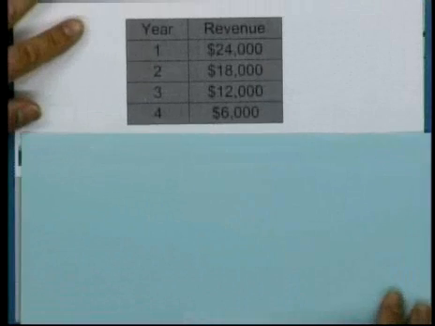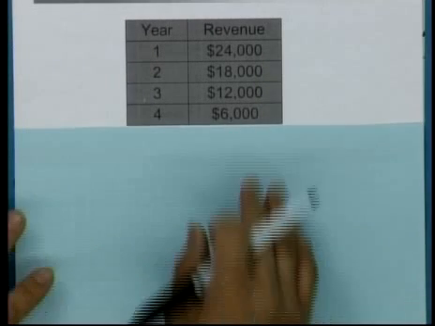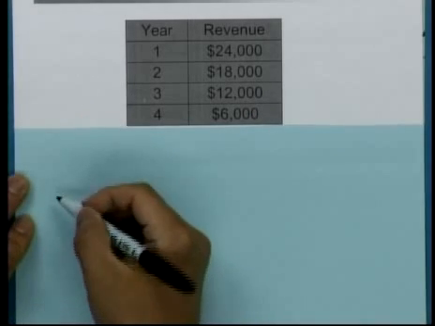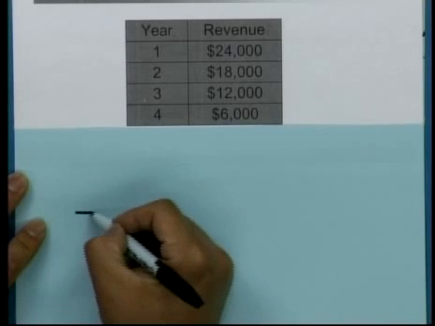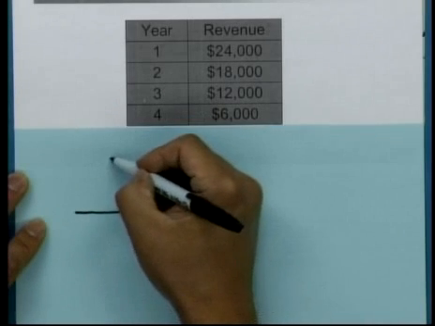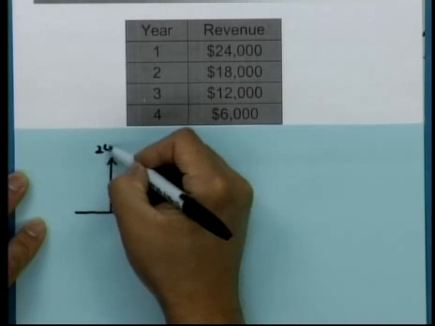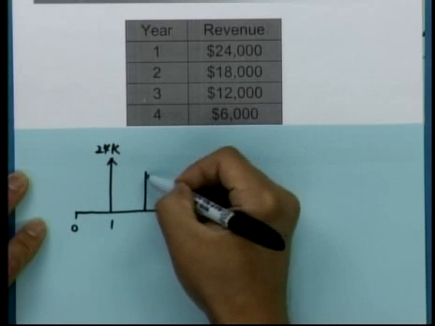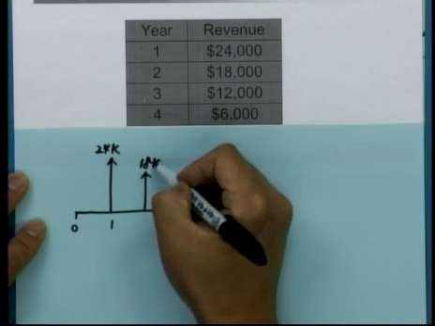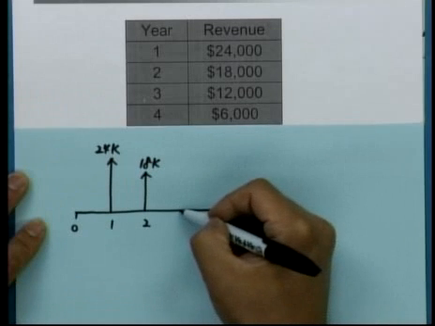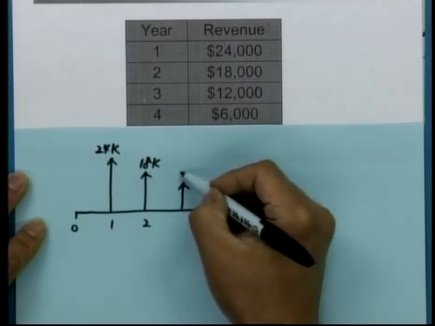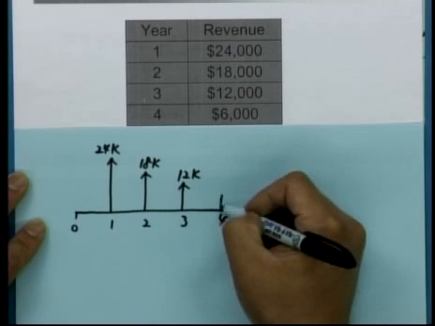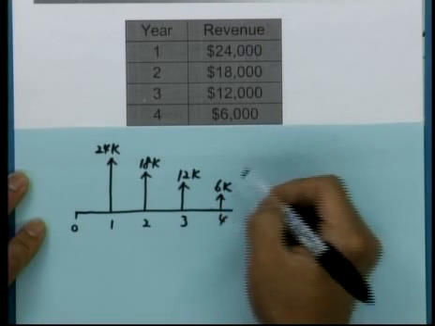So first, if you draw the cash flow diagram based on this cash flow table, how does it look? It's going to be $24,000 at the end of period 1, $18,000 at the end of period 2, $12,000 at the end of period 3, and $6,000 at the end of period 4.